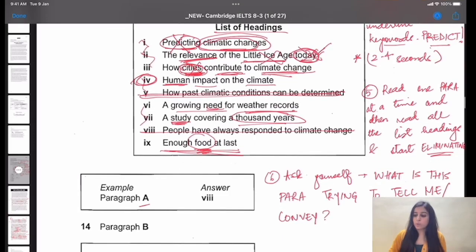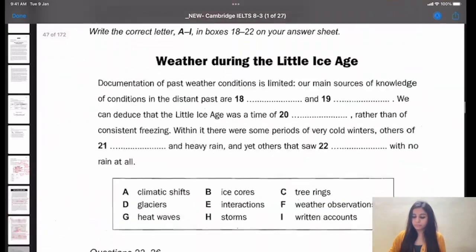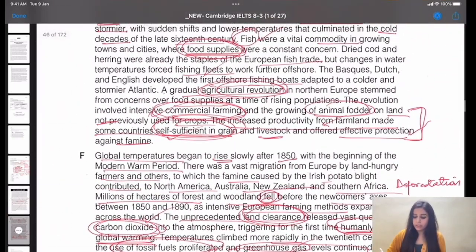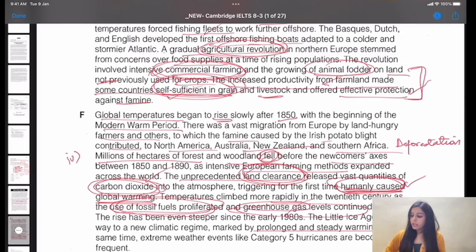Then there's no mention of growing need for weather records, not mentioned. There is no mention of a study covering 1,000 years whatsoever, no mention of food. So the answer is the fourth one, because here they're talking about the impact of humans on climate change.